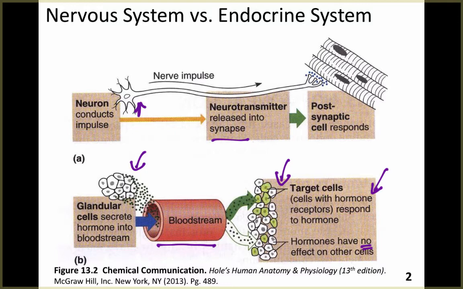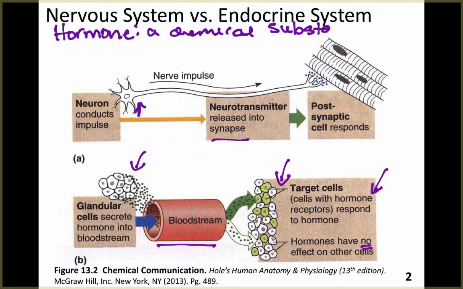So what is a hormone? Essentially, it's a chemical signal or substance. And it's made by the endocrine system, right?